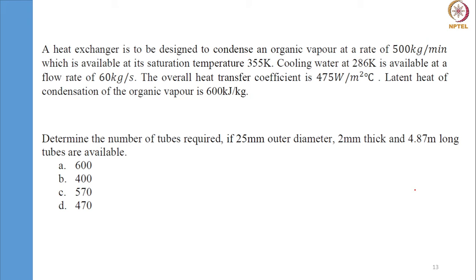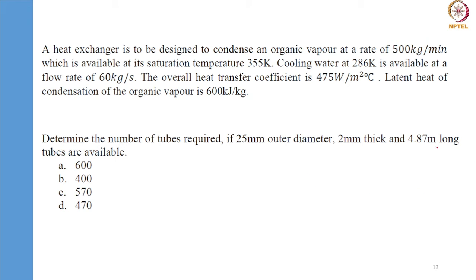The overall heat transfer coefficient is 475 watt per meter square Kelvin. The latent heat of vaporization of this fluid is 600 kilojoule per kg. We want to find out the number of tubes that are required if 1 inch diameter, 2 mm thick, and 4.87 meter long tubes are available. 25 mm is about 1 inch.